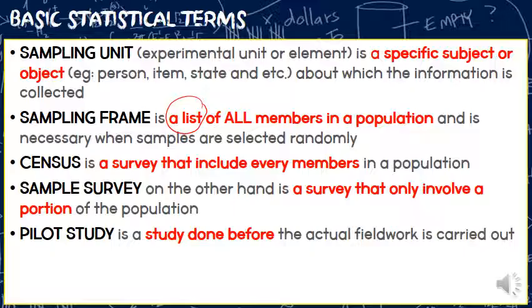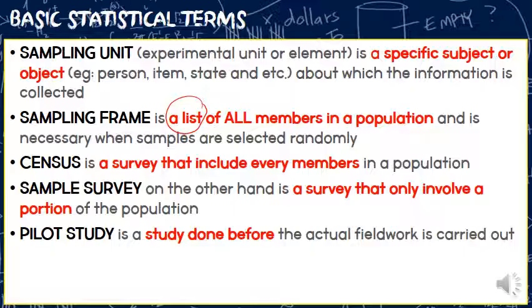Kalau you notice tadi, bila saya cerita pasal population, ada term all, kesemua. So when we talk about sampling frame pula, it should be a list of all members in the population.